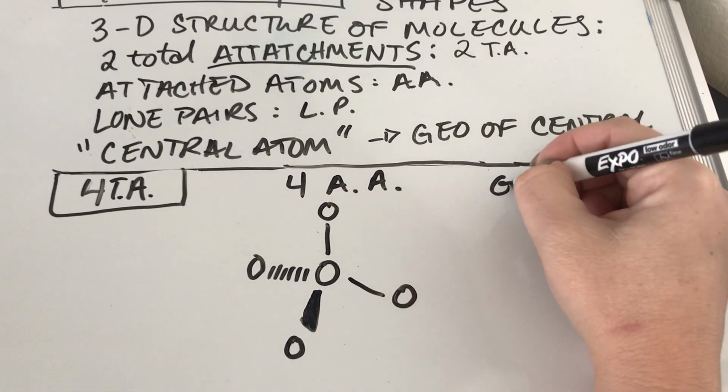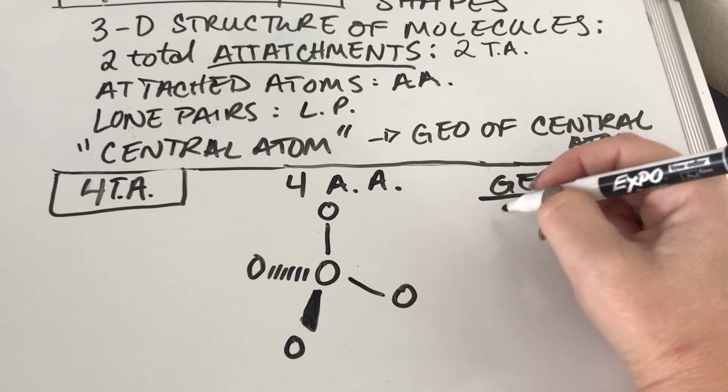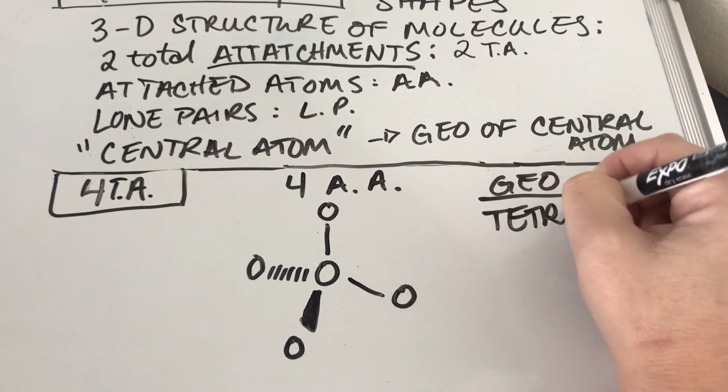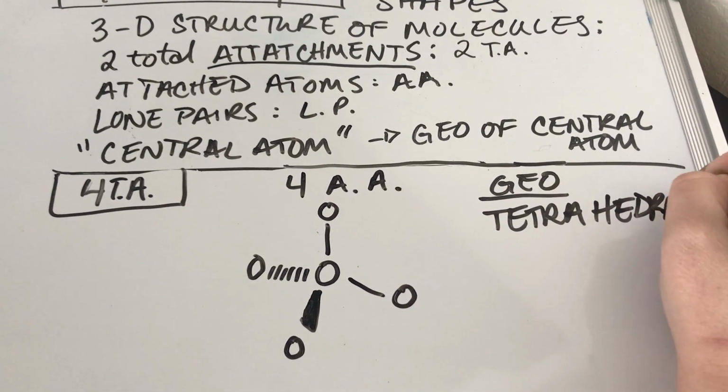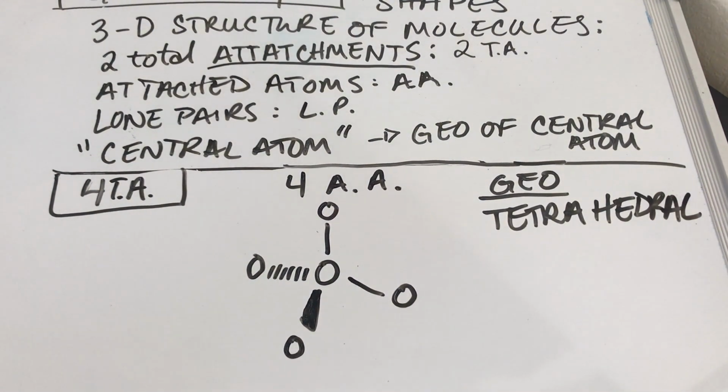So this geometry is called tetrahedral. Everybody comfortable with the wedges and the dashes and how they represent this thing in 3 dimensions?